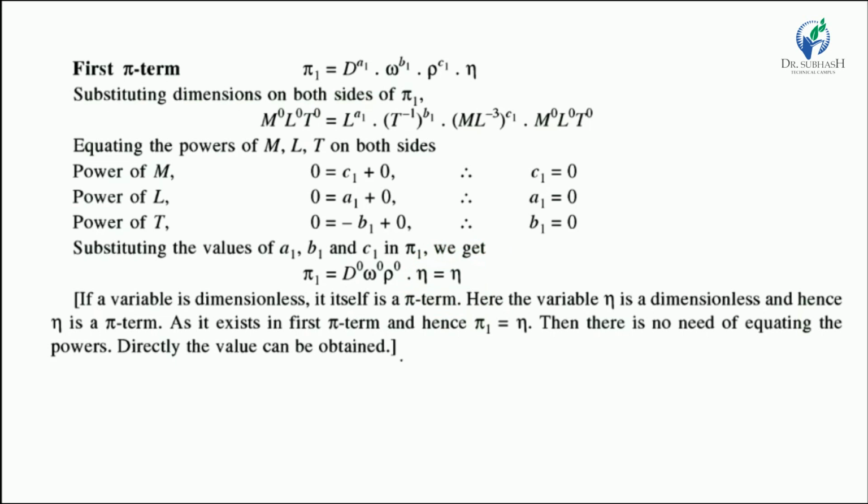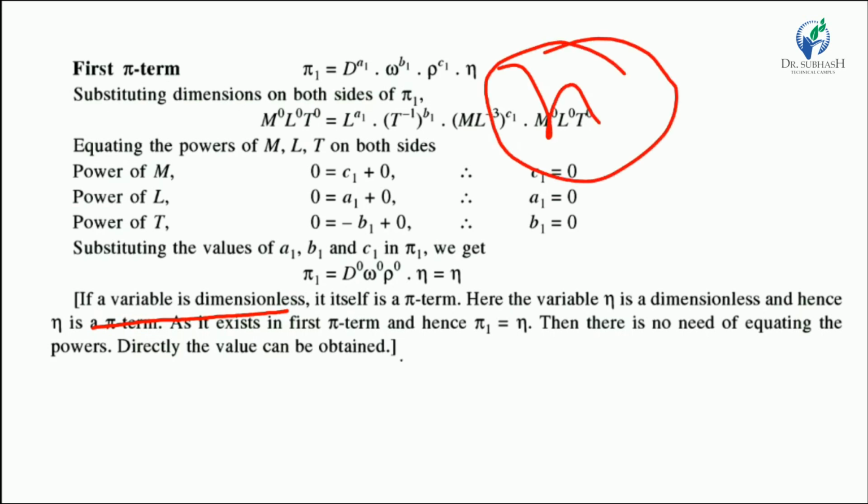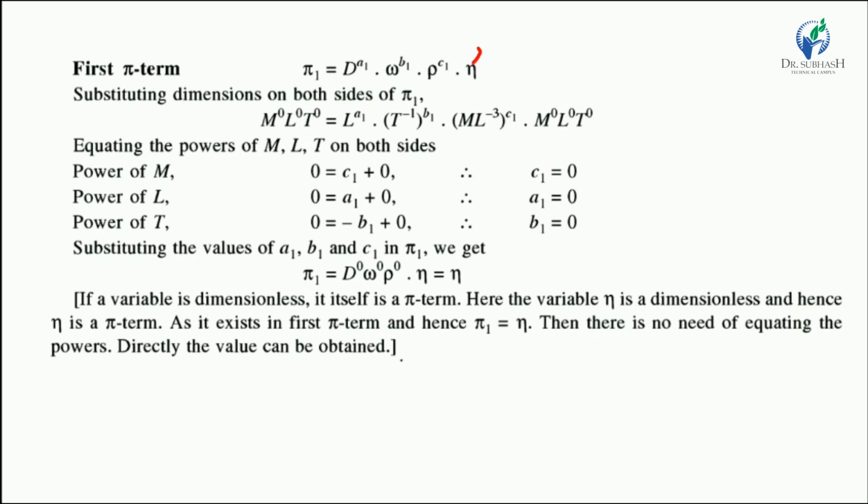So note that if a variable is dimensionless, like the efficiency, which is a dimensionless term among the non-repeating variables, then we do not need to solve or find the value of the arbitrary powers. If the variable is dimensionless, it is itself a pi term. Here the variable efficiency is dimensionless, and hence efficiency is a pi term as it exists in the first pi term, and hence pi1 is equal to efficiency.